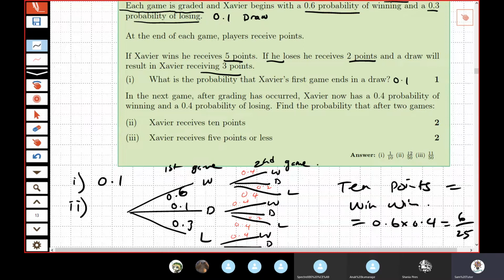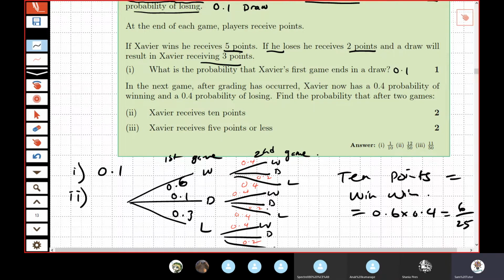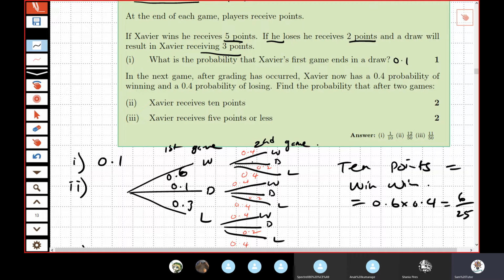In the second game, he could win 0.4, lose 0.4, which means he will draw 0.2, and if he drew, he could still win 0.4, draw 0.2, lose 0.4, and so on. Does that tree diagram make sense?